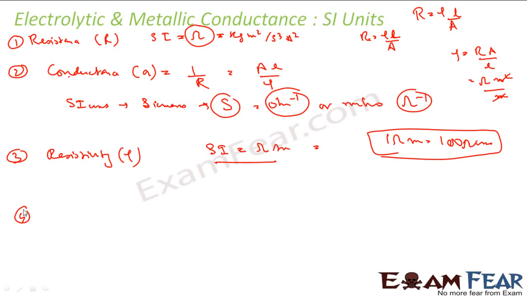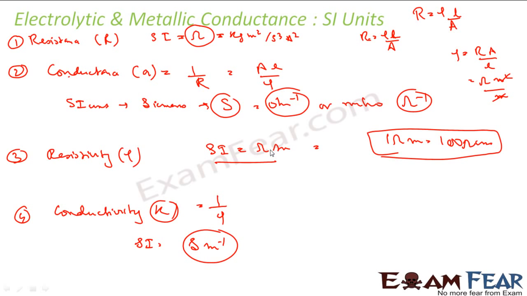So the opposite of resistivity is nothing but conductivity. It is nothing but kappa, and nothing but 1 by rho, right? So its SI unit is Siemens per meter. Similar to this, we have ohm meter here. This is Siemens per meter, correct?